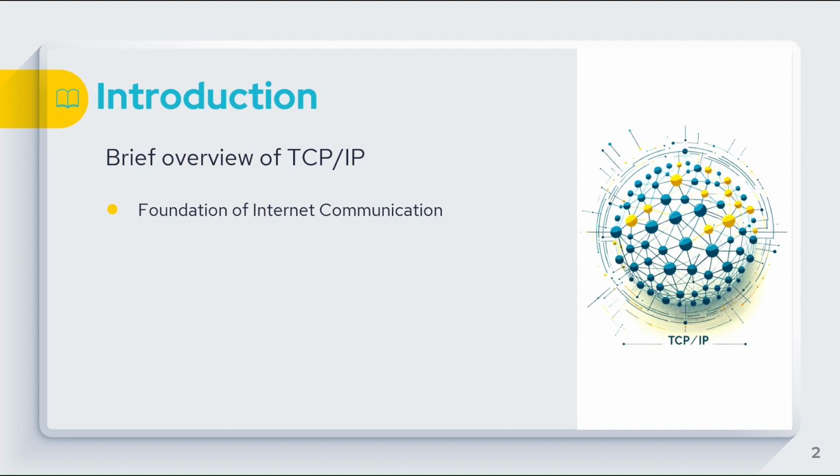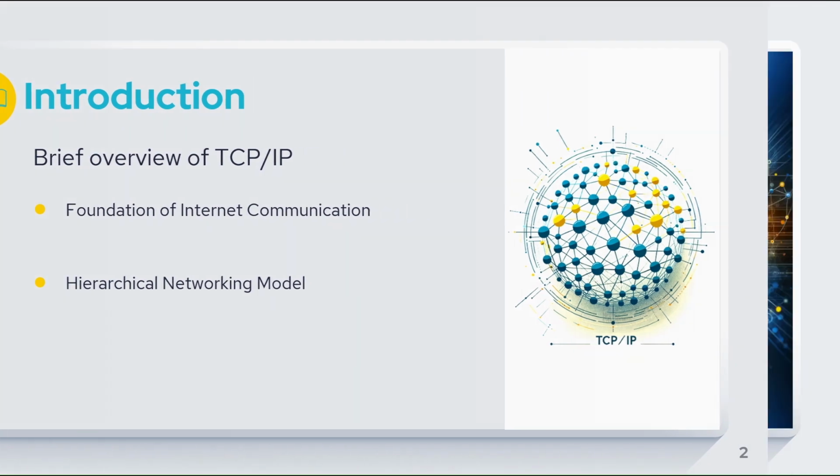These protocols form the backbone of internet communication, guiding data packets to the right destination efficiently. Hierarchical networking model: this model breaks down network interactions into layers like link, internet, transport, and application layers.